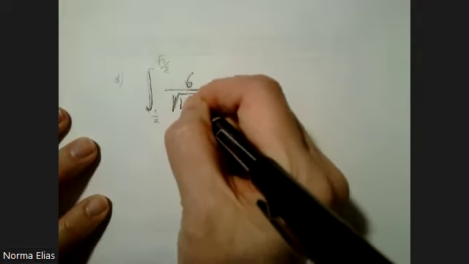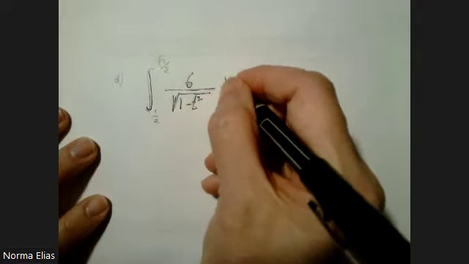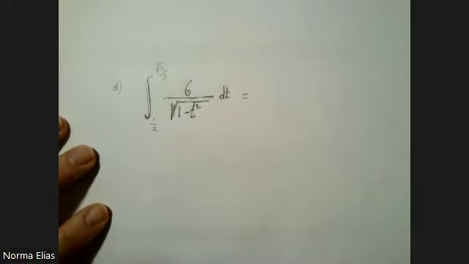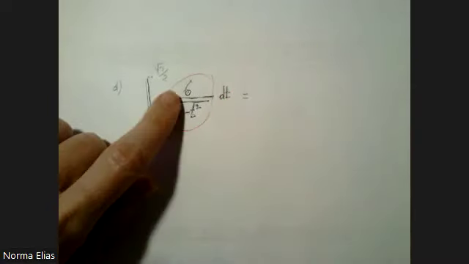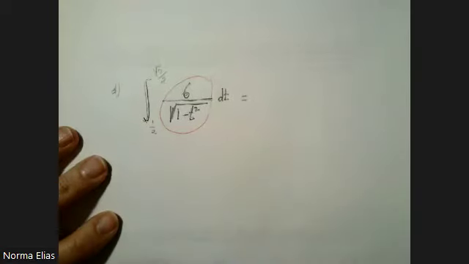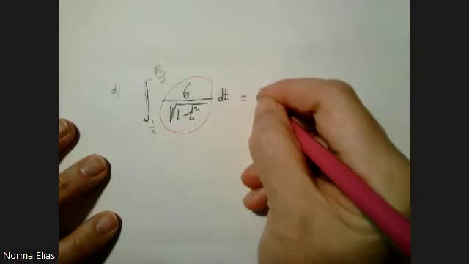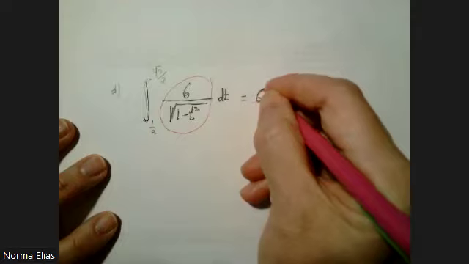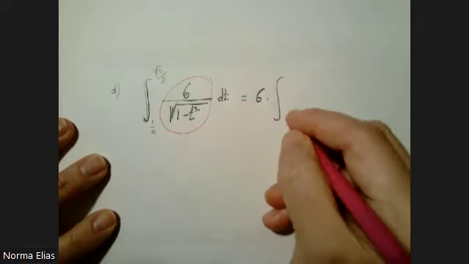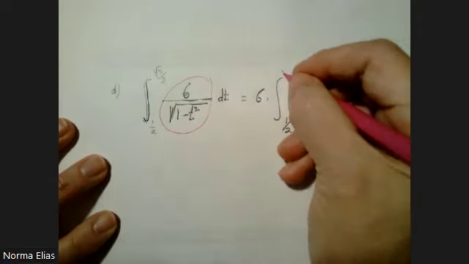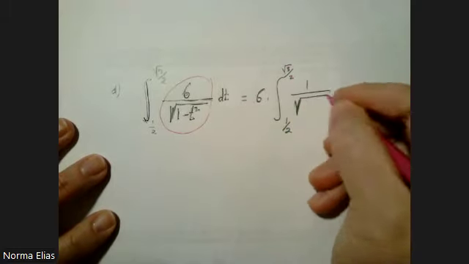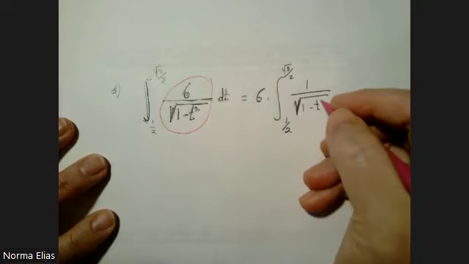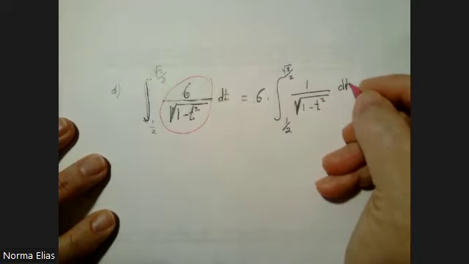Again, the whole thing is to find the antiderivative of this function. Now 6 is a constant, I can always take it out. Then I'll be left with the integral from a half to the square root of 3 over 2 of 1 over the square root of 1 minus t squared dt.